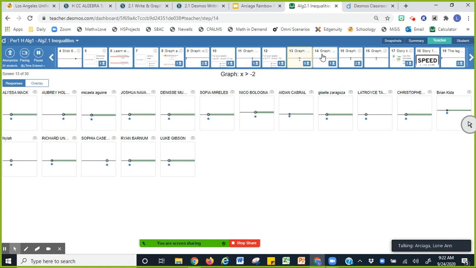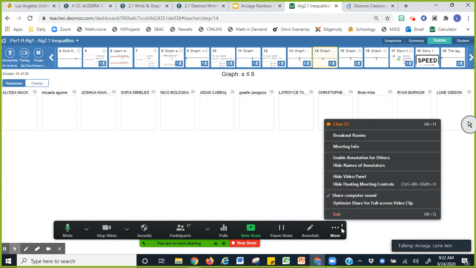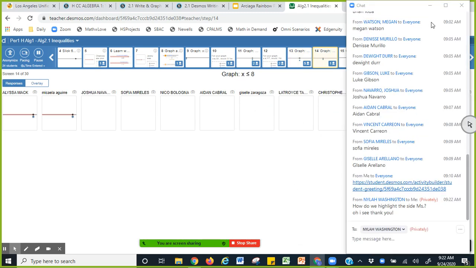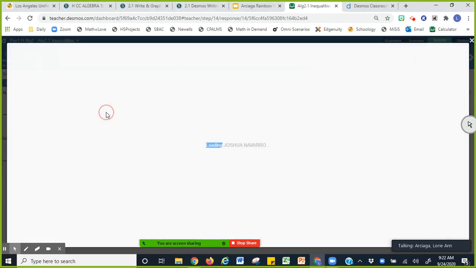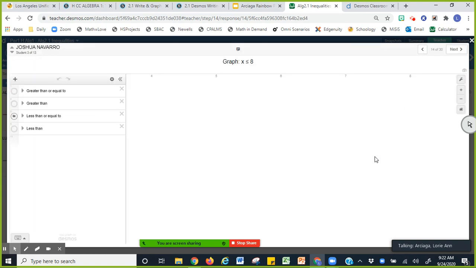All right. And moving on, we're graphing x is less than or equal to negative 8. And I can see Joshua already finished with the graph, and let's see what it shows.